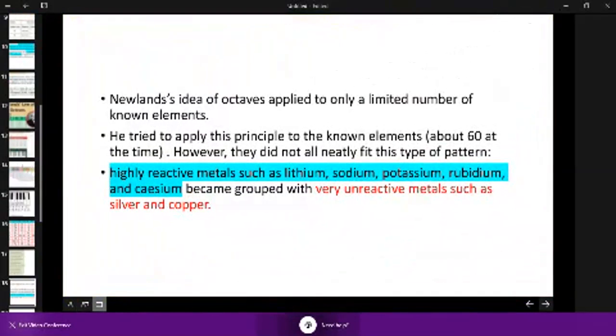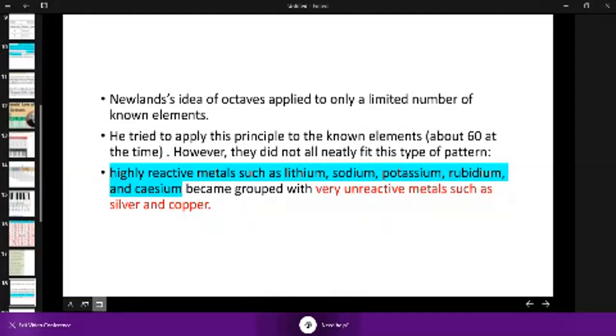So what do you have to know about New Zealand's ideas of octaves? One, they were only limited to a few elements. Then also you need to know that he tried to apply this principle to the known elements, about 60 at the time. However, they did not neatly fit in the type of the pattern.